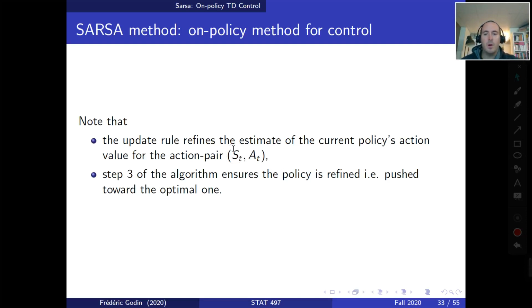We said that the algorithm should be analogous to policy evaluation and policy improvement.